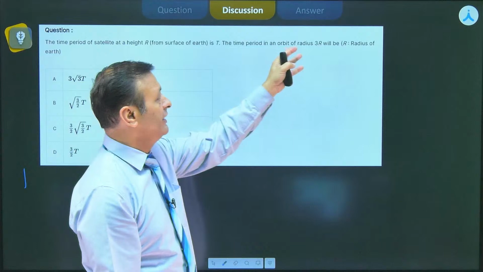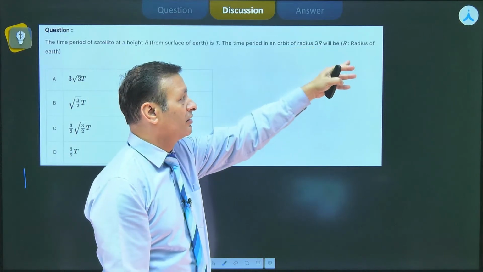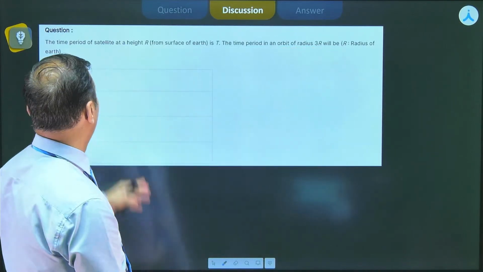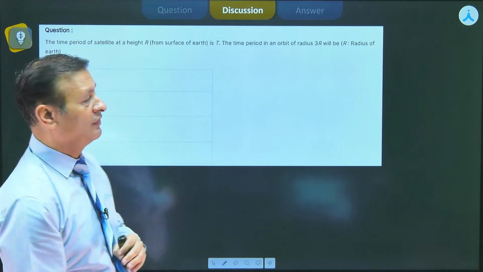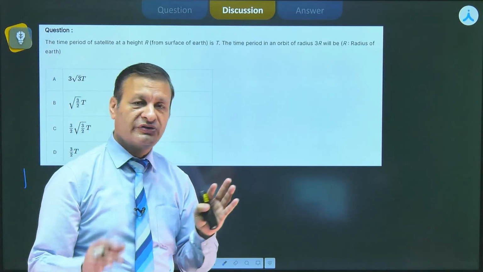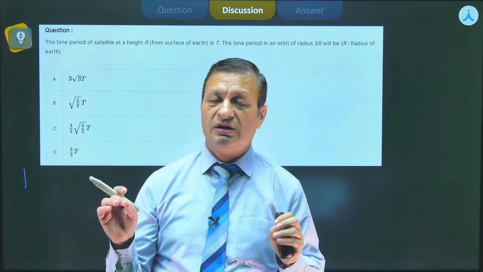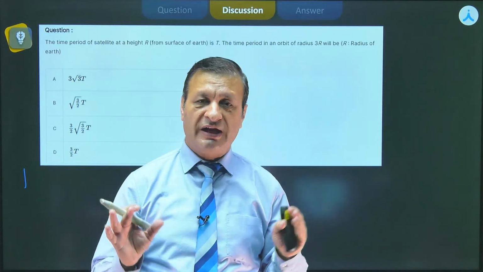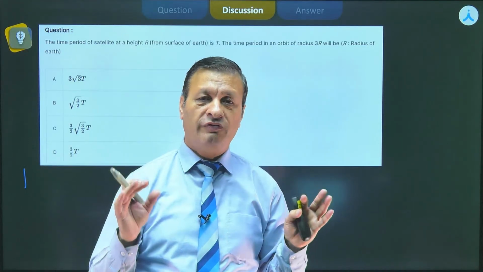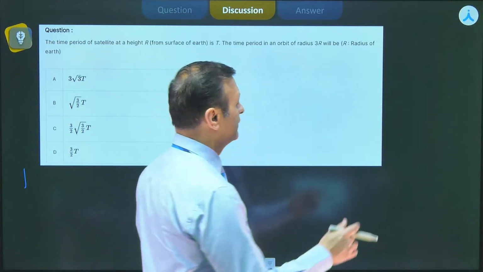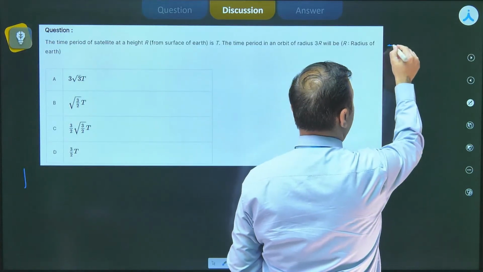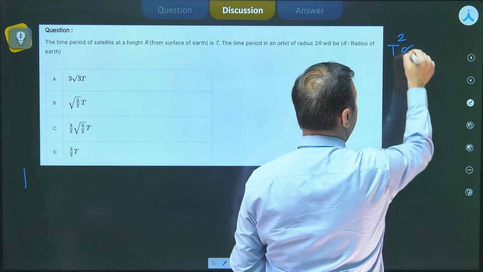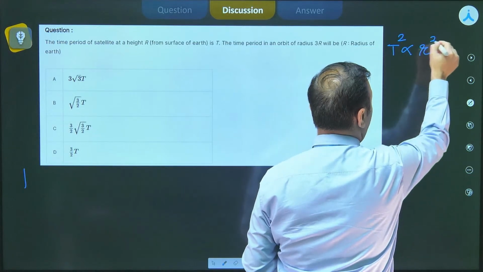What is the time period in an orbit of radius 3r, where r is again the radius of Earth? This is purely a ratio based concept and based on the law of areas. First of all, the law says T square is directly proportional to r cube.